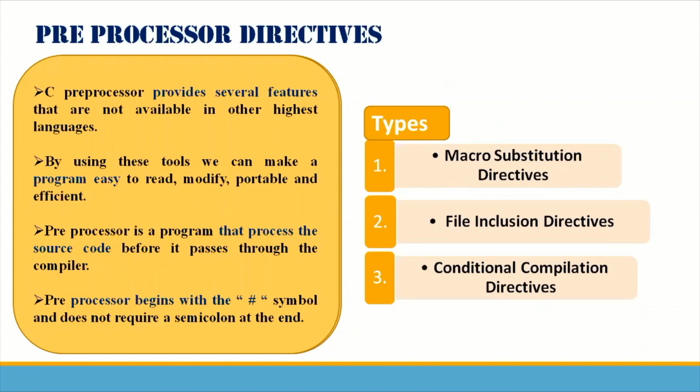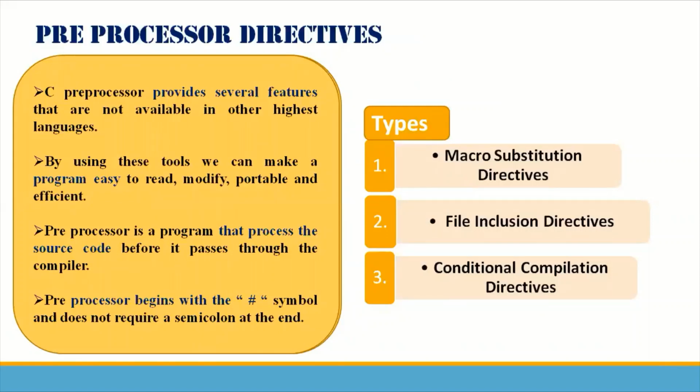If you use this tool, we can read or write a program very easily. That means we can make a program easy to read, write and modify. Meanwhile, it's portable and efficient. That is because of preprocessor directives.